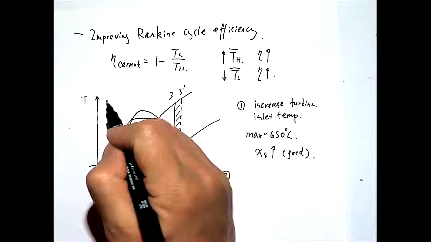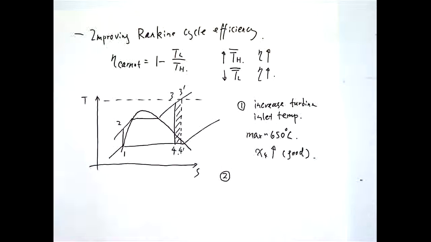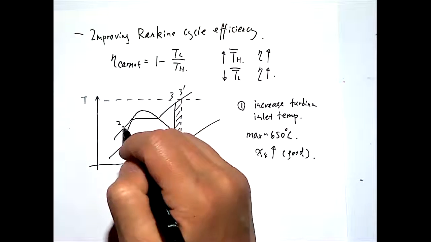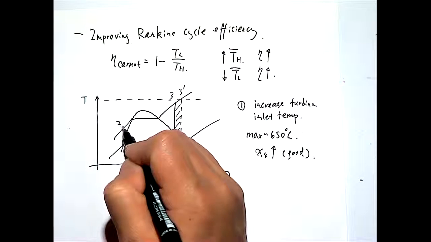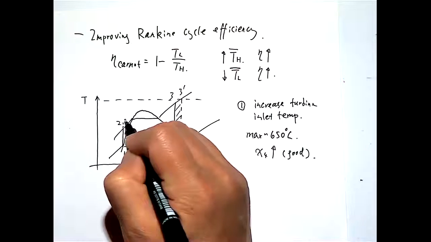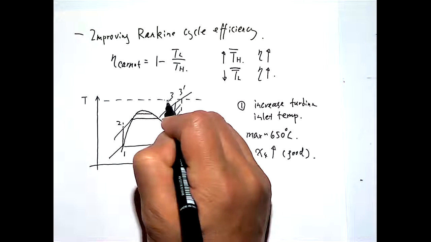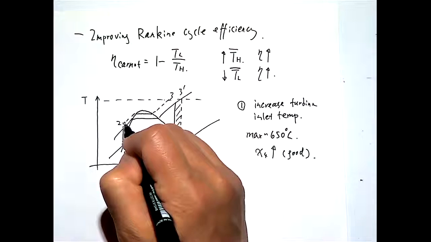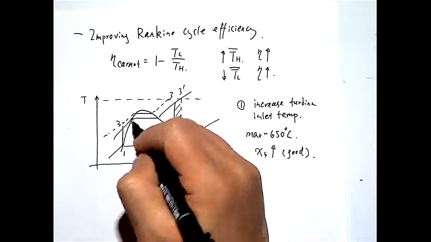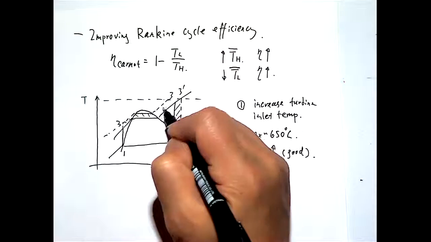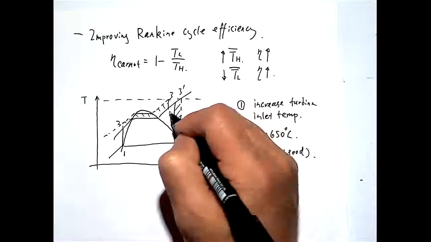So in that case, if we consider that we already have a limit for our turbine inlet, if you can raise the pressure, which means when you go through the pump, it will reach a higher pressure line there, right? So in this case, you would have some additional area being gained here, and then you're going down here.